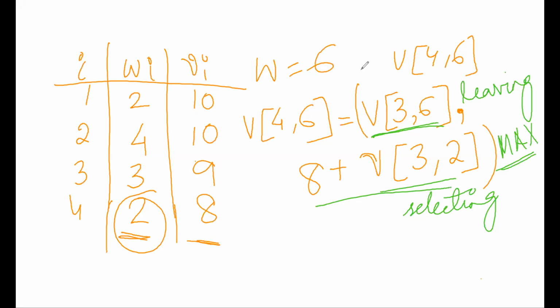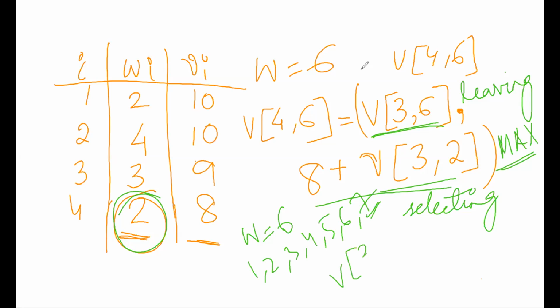It could have been 3, 5, or it could have been 3, 6 and 3, 1, depending on the weight of item number 4. So if the total weight was 6, item number 4 could have weight 1, 2, 3, 4, 5, even 6, and it could even be 7. If it was 7, I would get V of 3 minus 1, which would be illegal. If it was 6, I would get V of 3, 0.